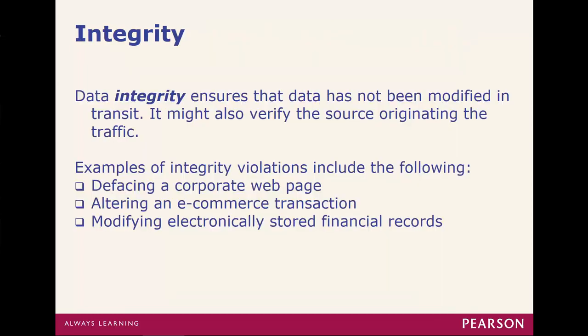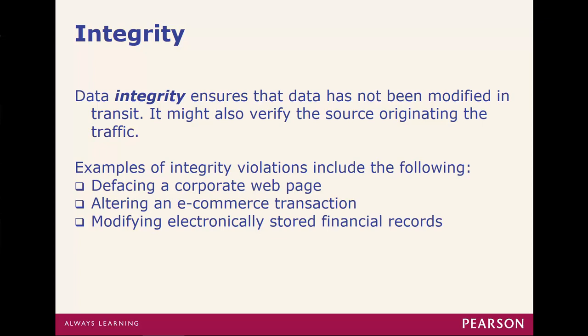Next is integrity. Integrity ensures that the data has not been modified while it was in transit. It might also verify the source originating the traffic, but maybe not. The big thing here is the data has not been modified in transit.